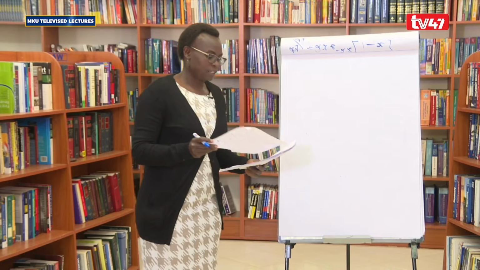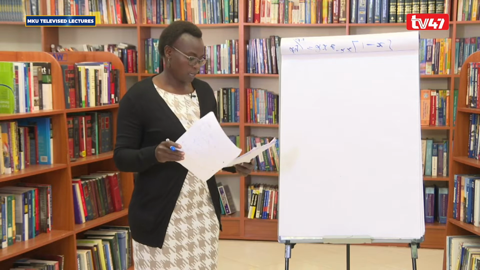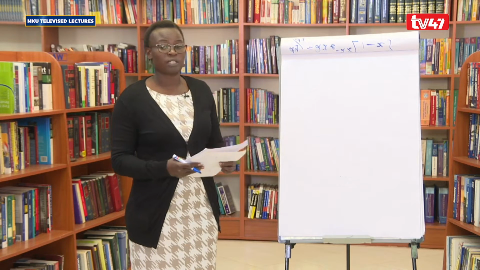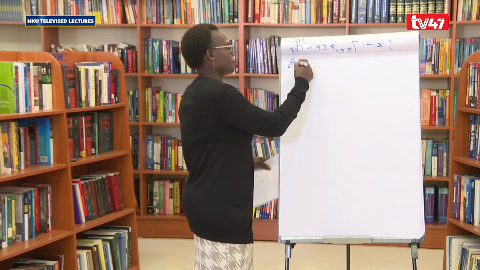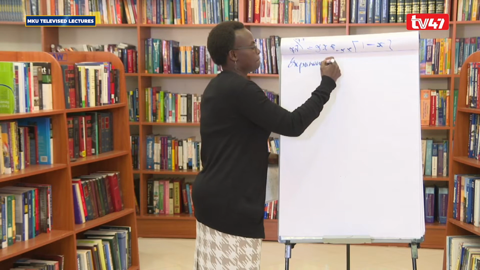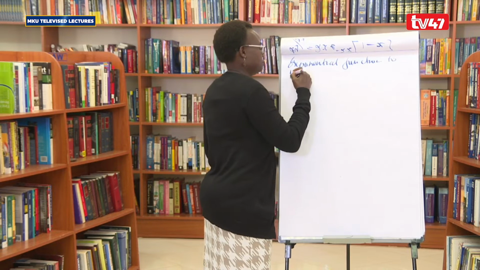So from the natural exponential function, we go to the derivative of the exponential function to base a.